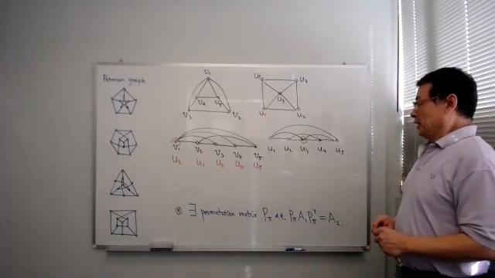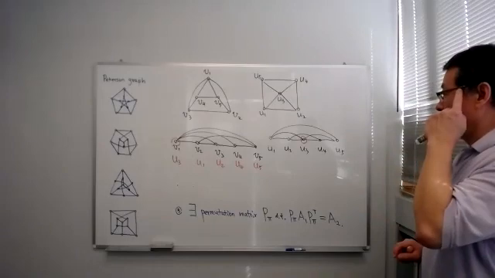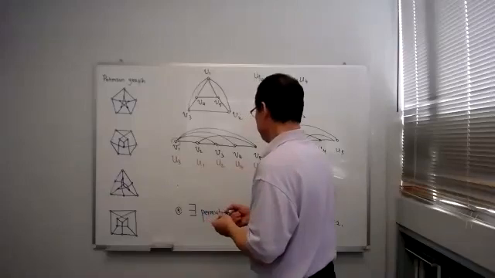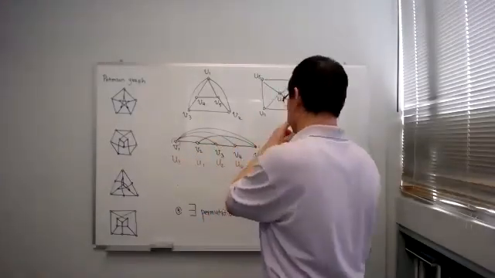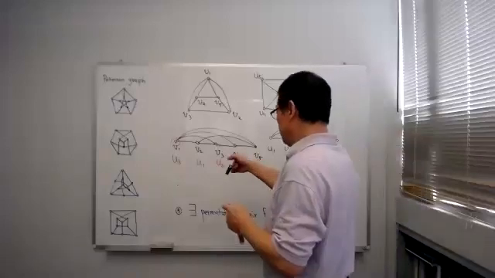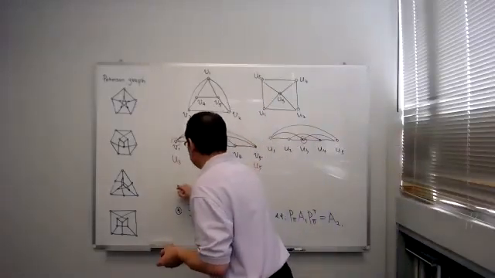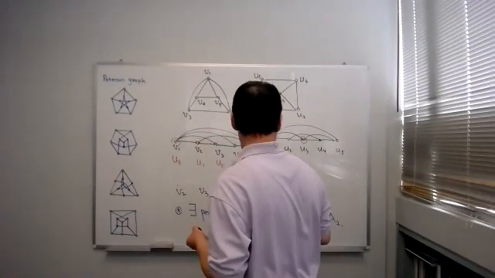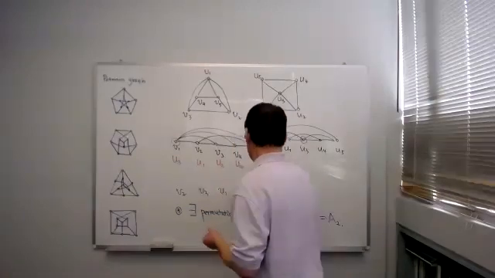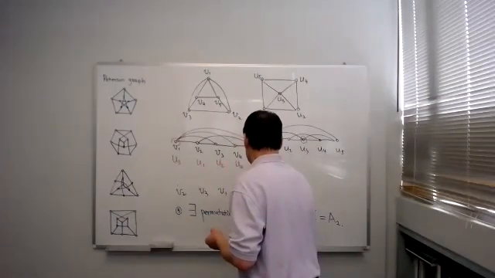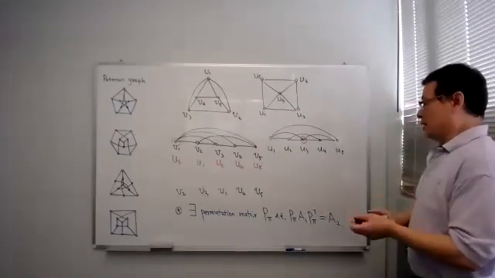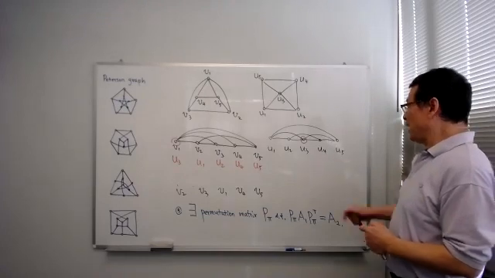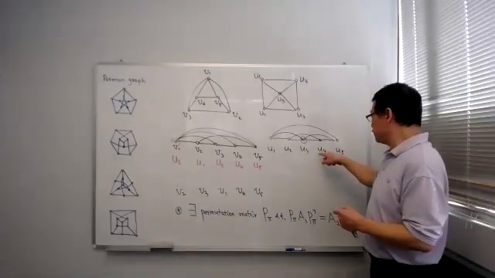All right. Now what happens? I want this one to be this one. So the ordering will be U1, U2, U3, U4, U5.